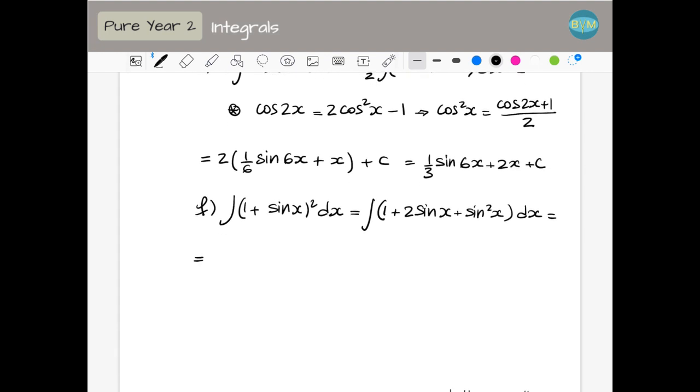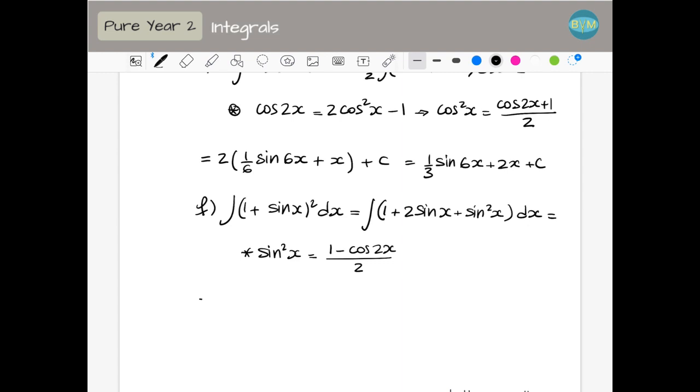So I'm going to prepare first. So sine square, just using the cos double angle, remember, is 1 minus cos 2x, we've done that before, divide by 2.